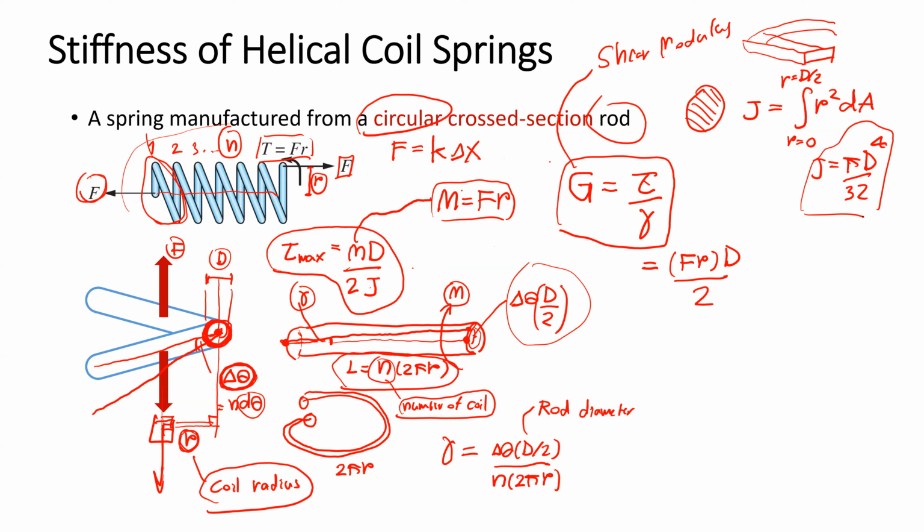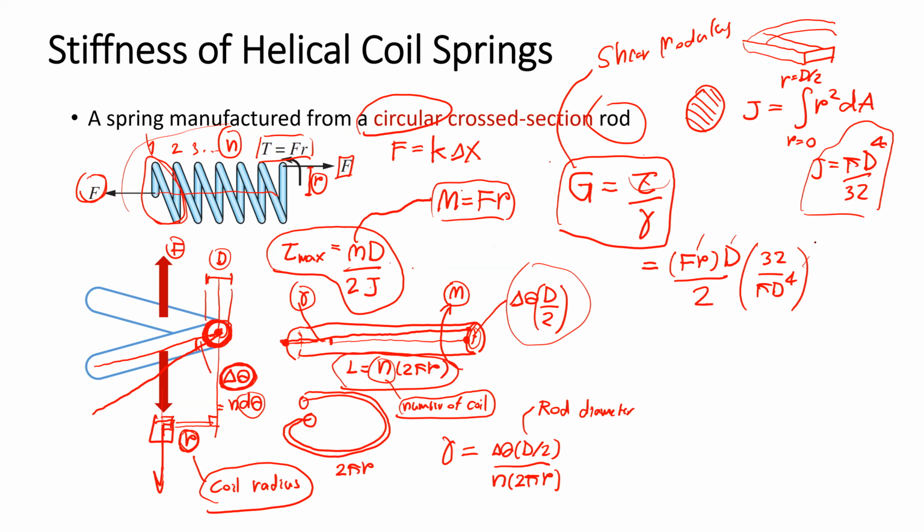J is pi d to the power of 4 over 32, so M d per 2J.